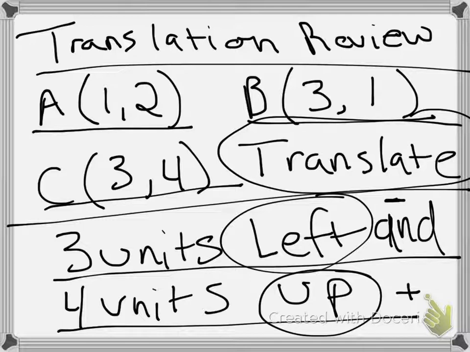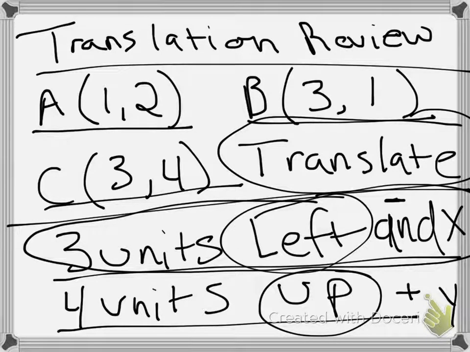Left and right is a horizontal shift, so we look at X. Up and down is a vertical shift, so that's my Y. So I change my X by subtracting 3 units and my Y by adding 4 units.